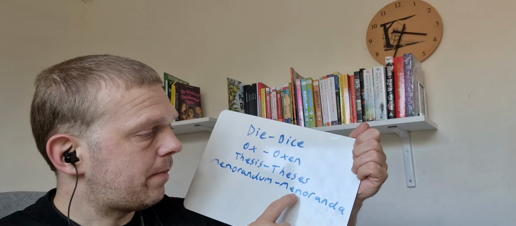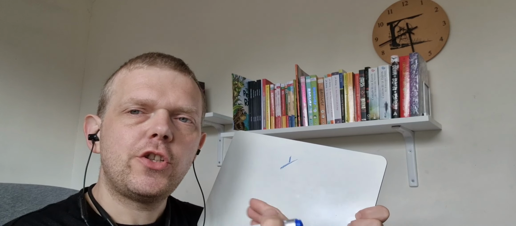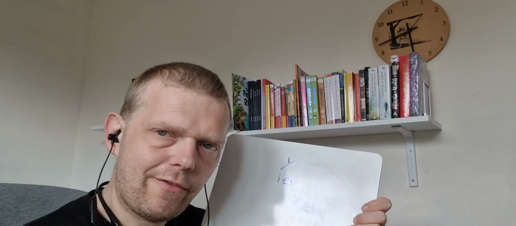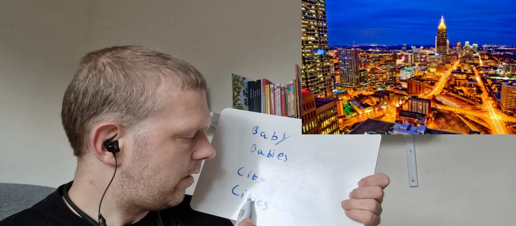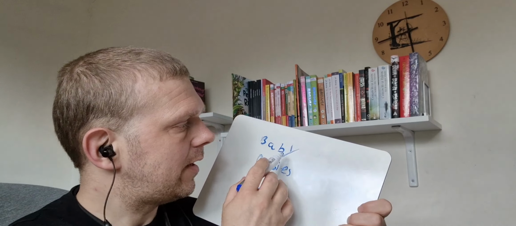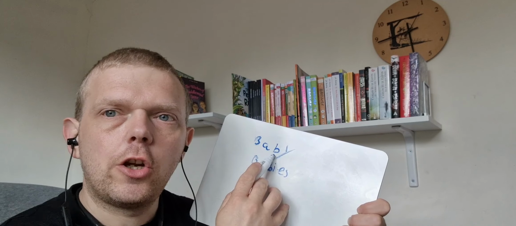So, memorandum, memoranda. If a word ends with a letter Y, then you change it to plural by changing the Y to I-E-S. So, for example, baby to babies. City changes to cities. Now this works if the Y comes directly after a consonant.